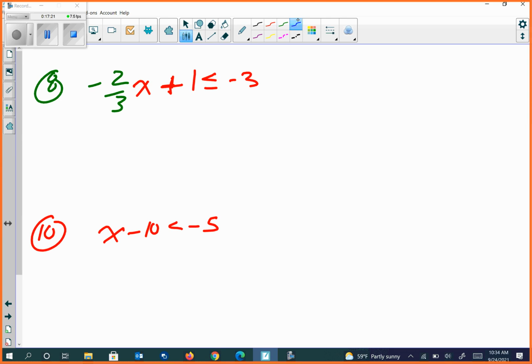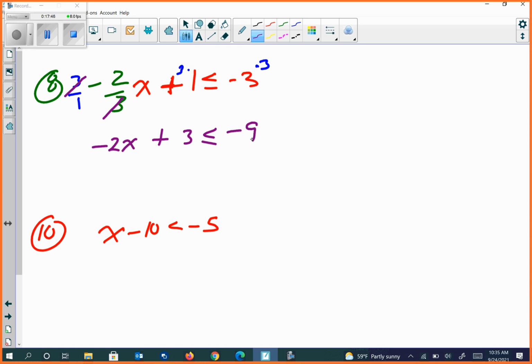All right, friends, for problem number 8, I think I can multiply everything by 3 over 1 or 3 to get rid of my fraction. Can I do this? And that becomes negative 1 times 2x, or 1 times negative 2x. And then plus 3 times 1, which is 3, is less than or equal to negative 3 times 3, which is negative 9.